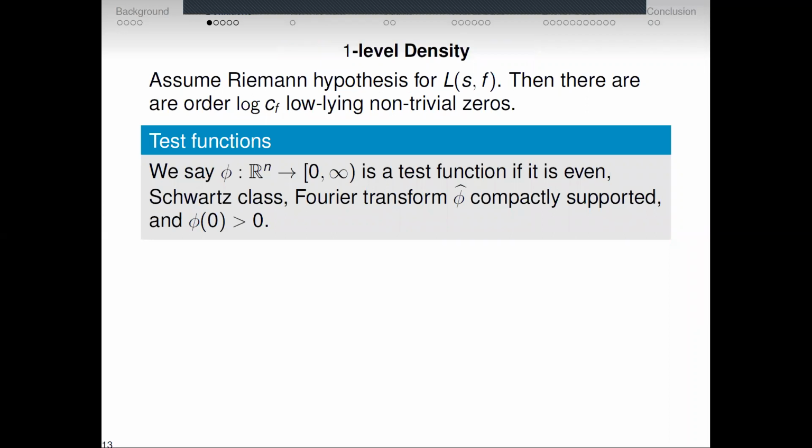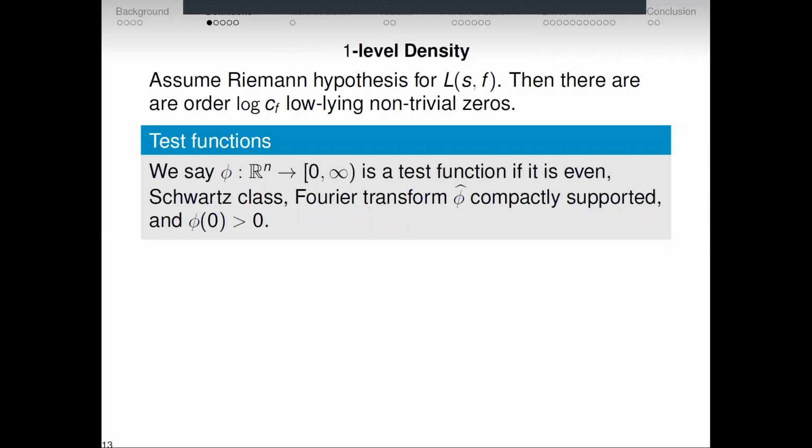So now, assuming the Riemann hypothesis, we have order log C_f low-lying non-trivial zeros. We say that the following is a test function if it is compactly supported, non-negative, even, Schwartz, with mass concentrated at 0 and positive at 0.